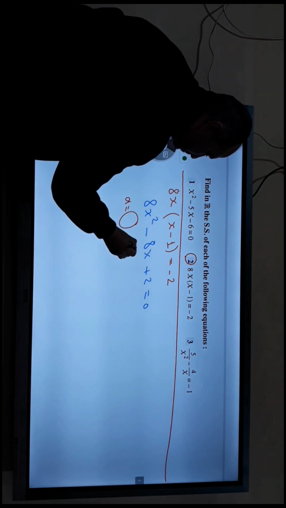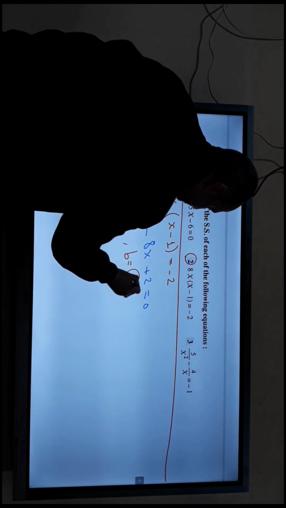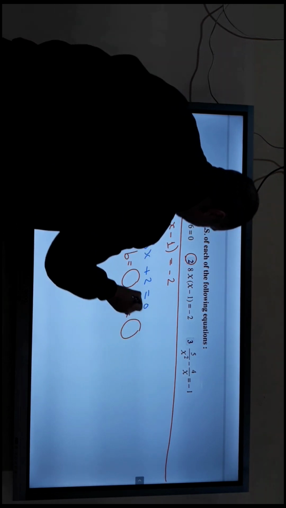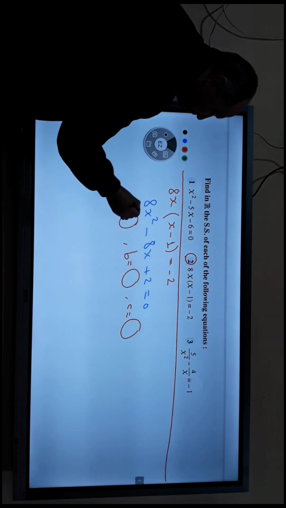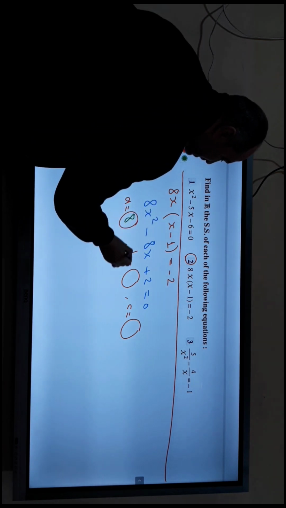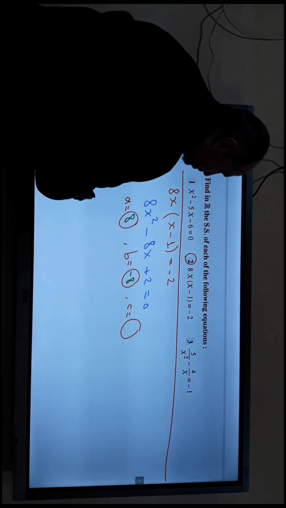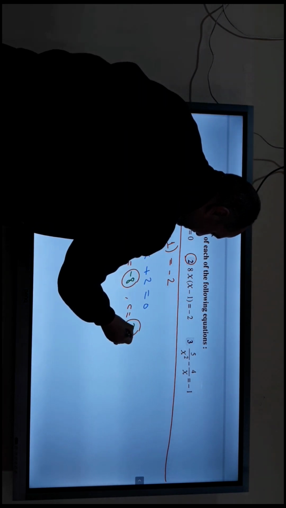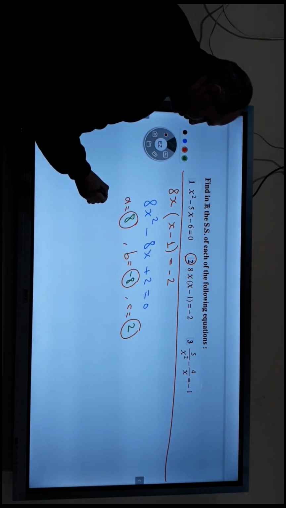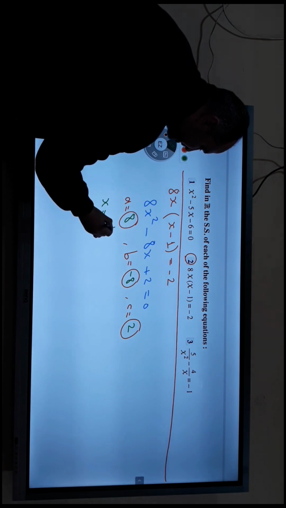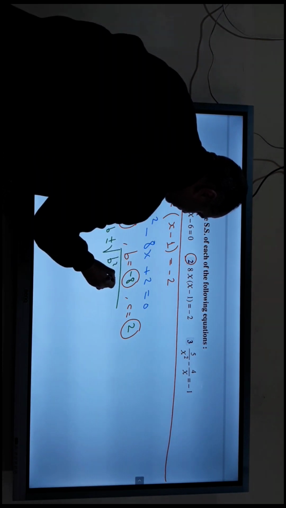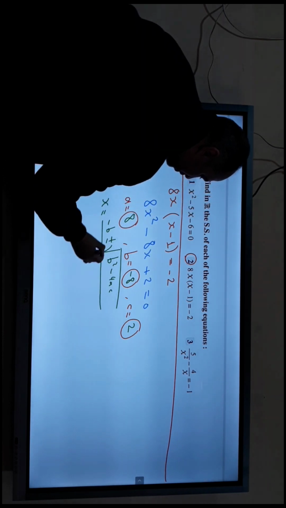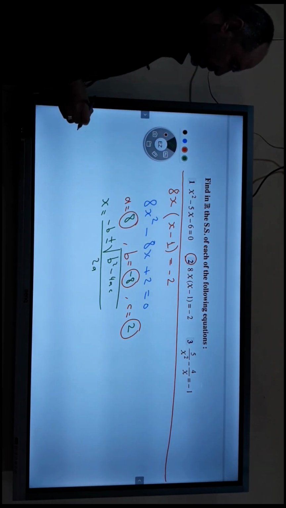A, b, and c. Now a, the coefficient of x power 2, is equal to 8, and b is equal to negative 8, and c is equal to 2. Then x is equal to negative b, positive or negative, square root of b power 2 minus 4ac over 2a.